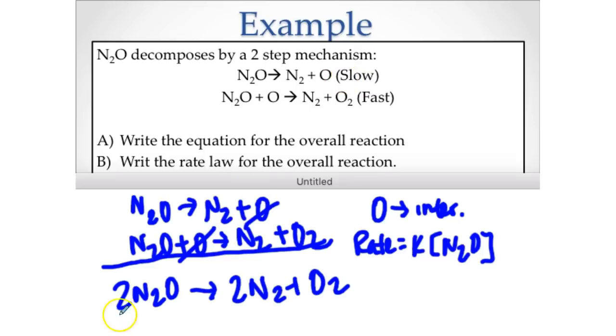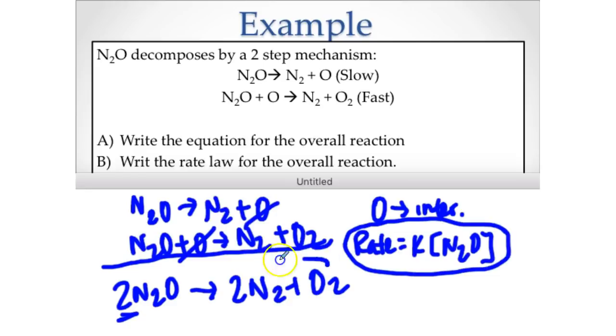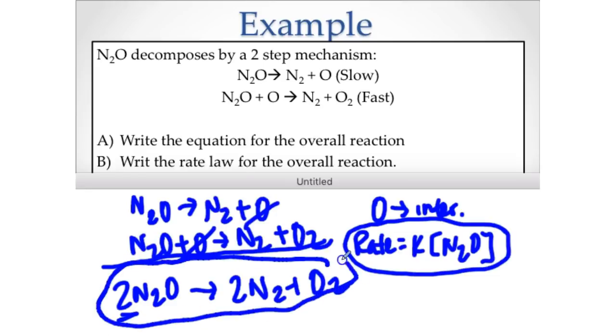I know there's a 2 here, but remember, you can only use the coefficients if it's an elementary step, not the overall equation. So we can't use this 2. We can't put this as squared. You leave it as to the 1 power because it's based on the rate determining step. So this would be your second answer, and this would be your first answer for this particular problem.